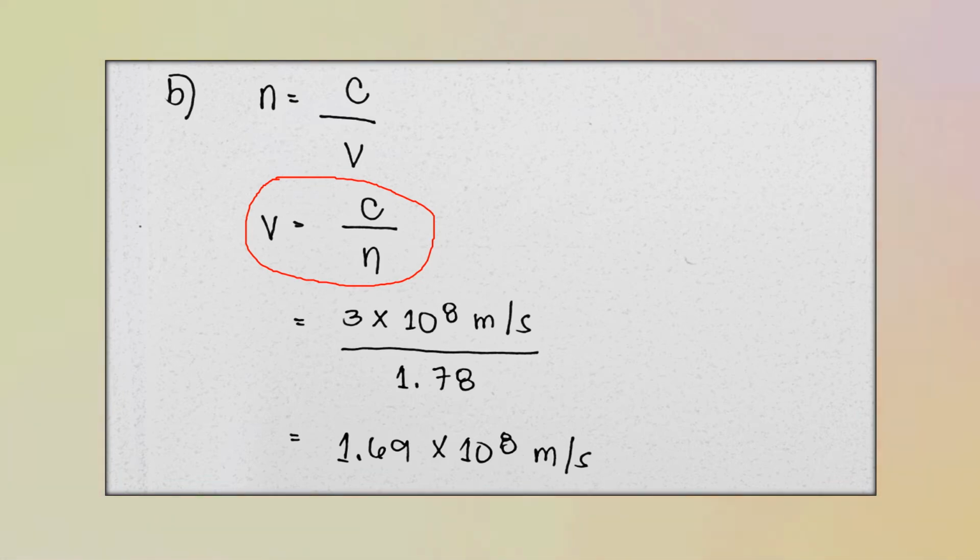So 3 times 10 raised to 8 meters per second divided by 1.78 is equal to 1.69 times 10 raised to 8 meters per second. So, I repeat, the index of refraction of the unknown material is 1.78 and its speed of light is 1.69 times 10 raised to 8 meters per second.